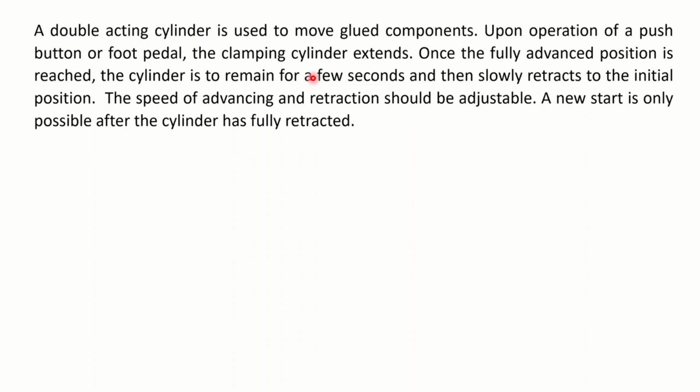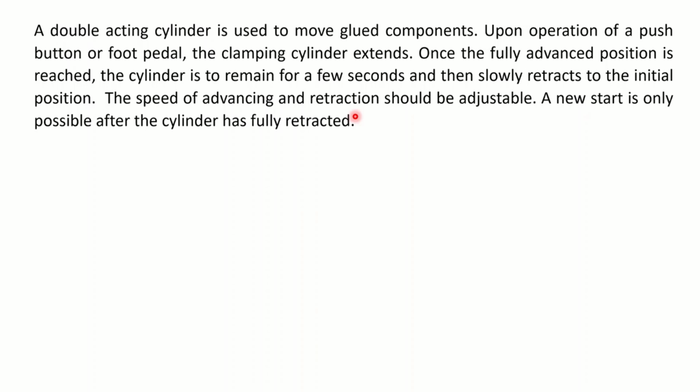In order to have speed control over the actuators, we need to use a throttle check valve. And the speed of advancing and retraction should be adjustable. So again, it is talking about the speed of the actuation, which means we need to use throttle check valves on both the advancing side and retraction side of the double acting cylinder.